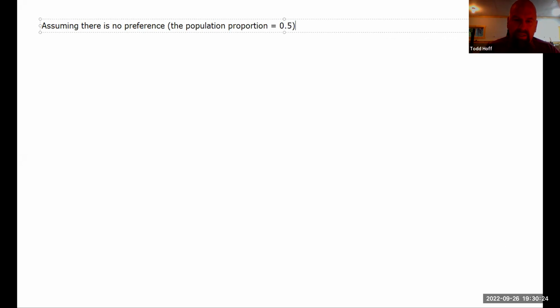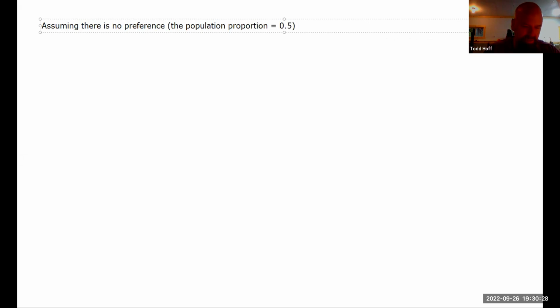The example I want to show where we use this is assuming there is no preference. What that means is the population proportion is 0.5. In other words, 50-50, half go one way, half go the other way.